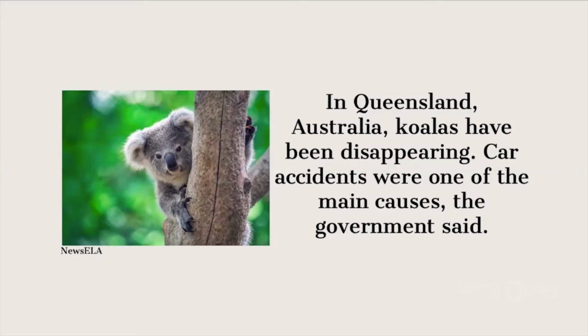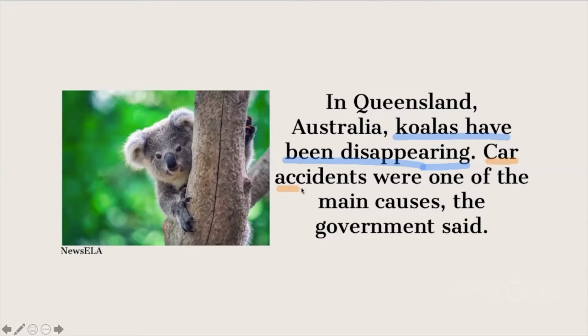So it sounds like the effect, what was happening, is that koalas were disappearing. This is our effect. And it looks like the article already gave us a clue to what the cause is.